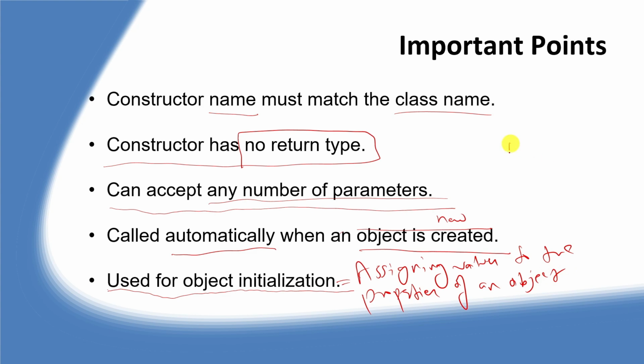If an object is getting created, the object will have values like ID, name, age. These are properties, and for those properties we should have values. Those values will get assigned when? During object creation. So this is the main purpose of a constructor, object initialization.